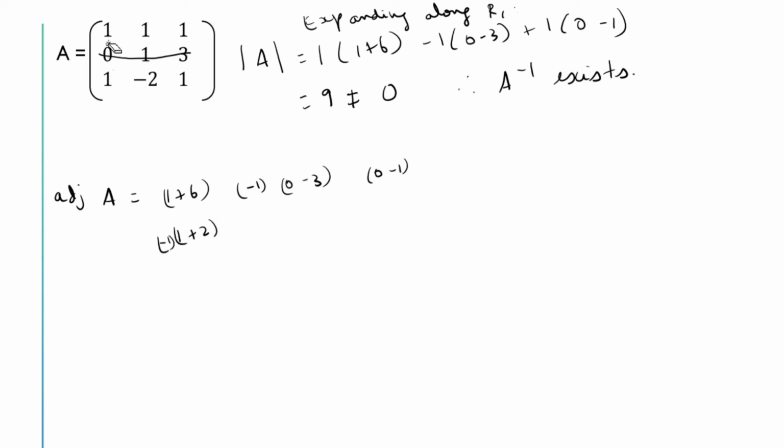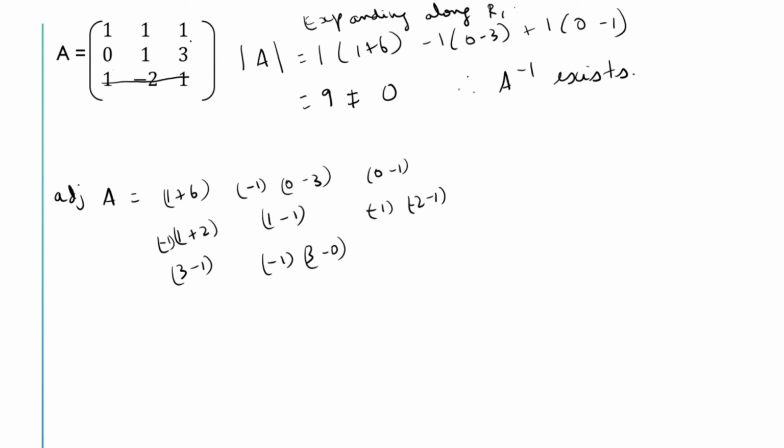Then second row, second column, remove and take the determinant, 1 minus 1. Then second row, third column with a minus sign, so minus 2 minus 1. Now third row, first column, delete and take the determinant, 3 minus 1. Third row, second column, delete and take the determinant with a minus sign, so it is 3 minus 0.